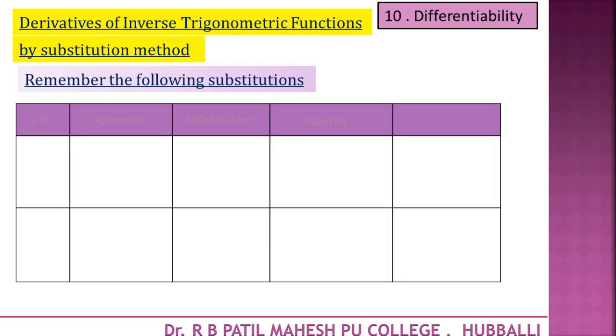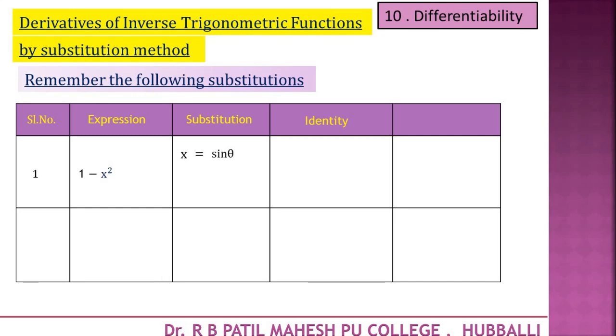So first one is, if you have the expression 1 minus x square. And remember students, you will get this expression along with the inverse trigonometric function variable. Whenever this expression is involved, we can take x equal to sine theta.